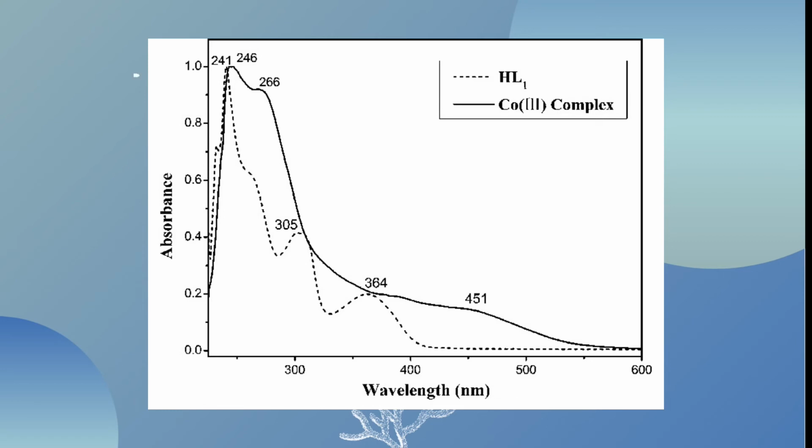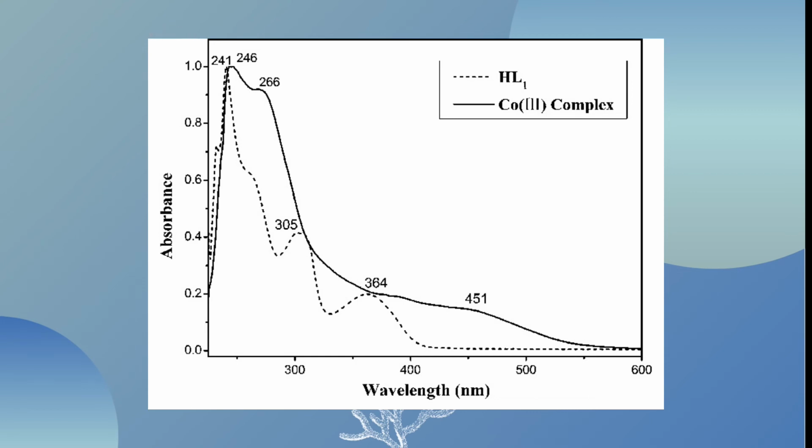The other absorption at 241 nanometers of HL1 shifted to 246 nanometers and 266 nanometers in the cobalt-3 complex, and a new inconspicuous absorption peak at 451 nanometers was observed in the cobalt-3 complex, which could be due to the d-d transition of the cobalt-3 ion.